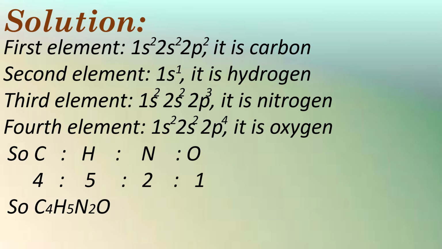Now the mole ratio between atoms is given. Carbon is to hydrogen is to nitrogen is to oxygen, 4 is to 5 is to 2 is to 1. So C4H5N2O1 is the empirical formula for the unknown compound.